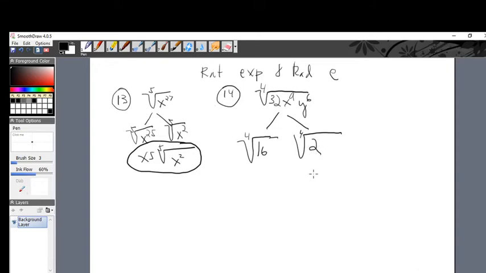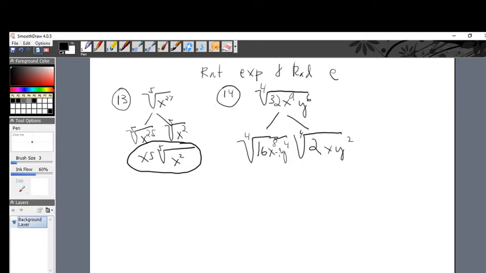What about x to the 9? What's the highest number beneath 9 that is divisible by 4? Answer, x to the 8. What's the leftover? x. What's the highest power of y to the 6 divisible by 4? 4 itself. So put y to the 4 over here, and the leftover, to get back to y to the 6, is y squared.